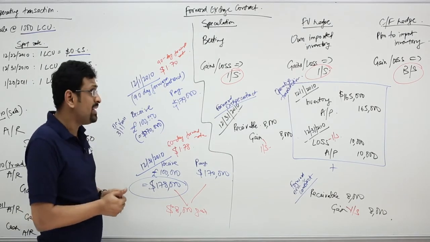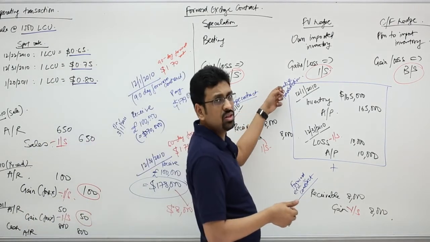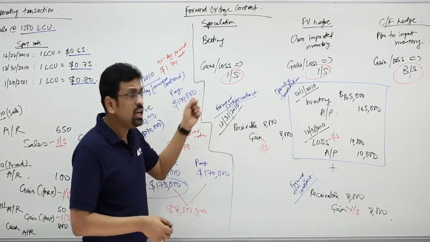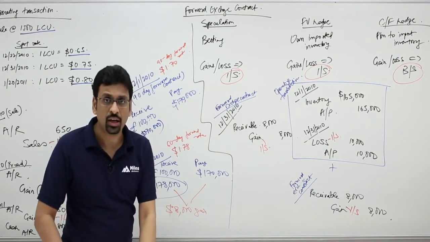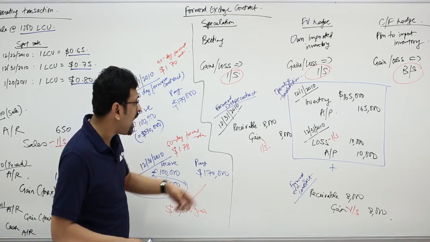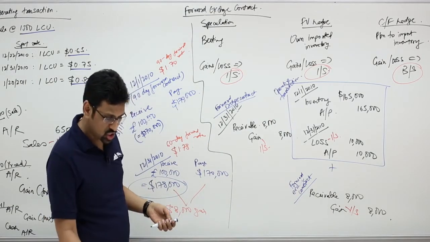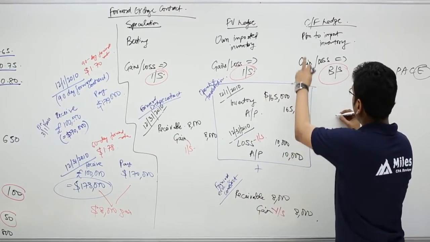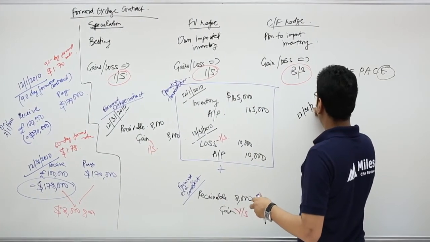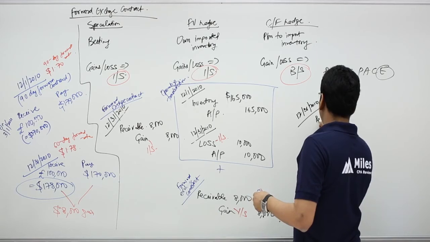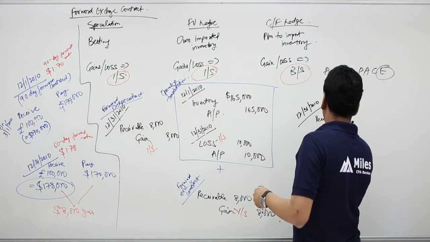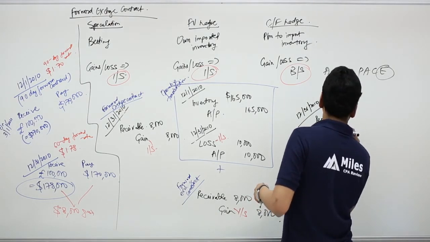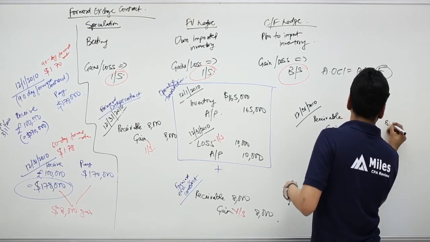So now in that case, there is no operating transaction. It's only a forward exchange contract. So on 31st December, they're going to have a gain on this forward exchange contract. So let's put it here. So under cash flow hedge on 31st December 2010, they're going to have a receivable and a gain of $8,000.